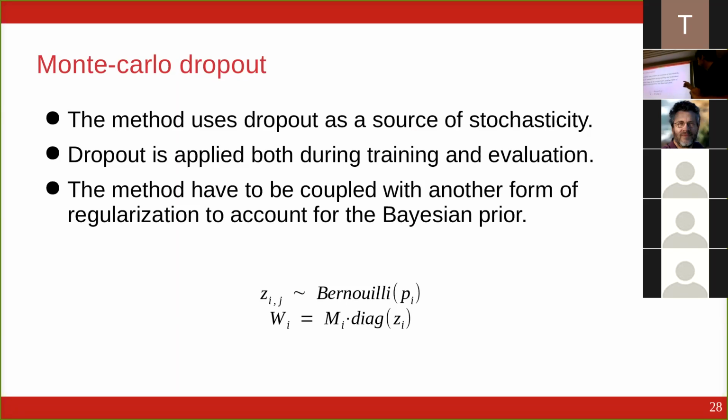But since dropout is now used as a variational distribution, to be perfectly Bayesian, you still need to add another prior. But otherwise, it's really straightforward. You can implement that in any deep learning toolbox. So that's why it's pretty popular.